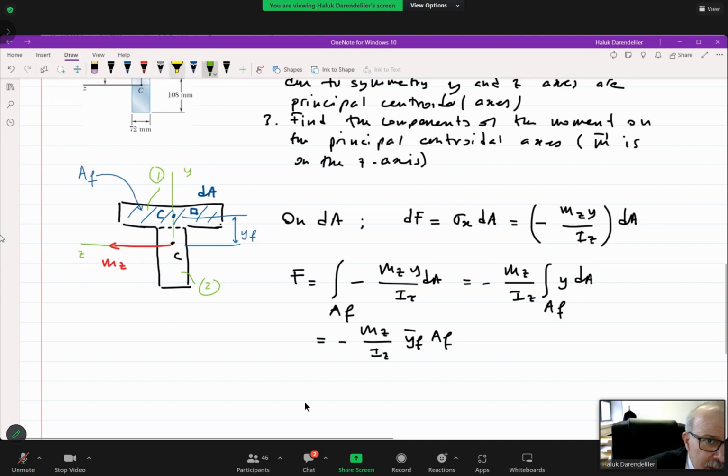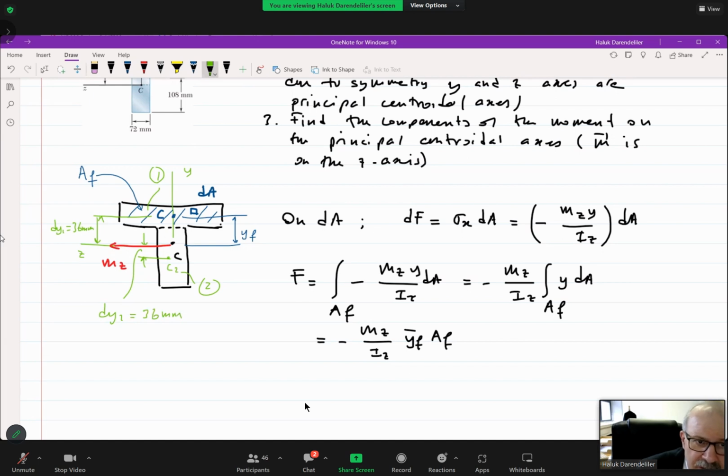And then this is the centroid of the first area, C1, where this distance is dy1, which is equal to 36 millimeters. You can calculate it. And say that this is the centroid of the second area, C2, and this distance from here to here is again dy2, which is equal to 36 millimeters.